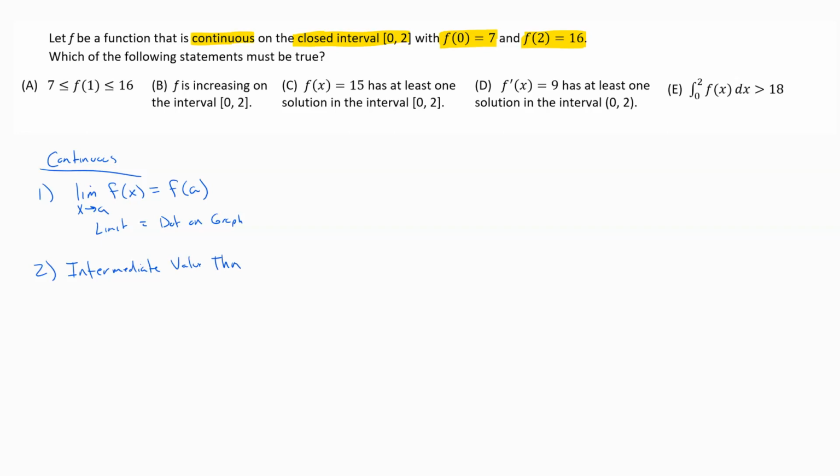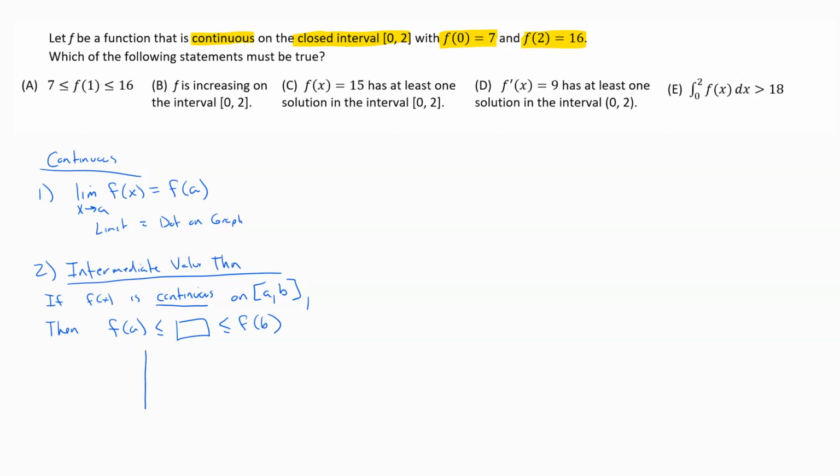The intermediate value theorem says if your f of x is continuous, and that's all that's required out of it, on a closed interval from a to b, then you're guaranteed that you get every value between those two endpoints. In between there, you're going to be guaranteed every y value between those two endpoints.